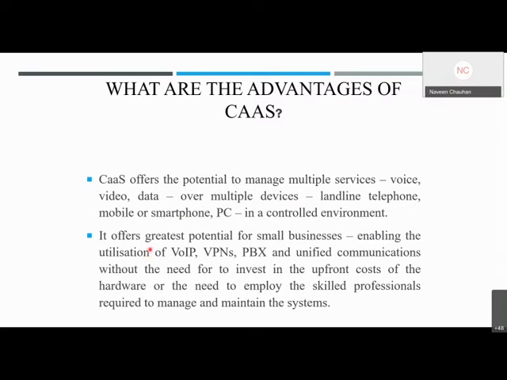It also offers the greatest potential for small businesses, enabling the utilization of VoIP, VPN, virtual private networks, PBX, and unified communication without the need to invest in upfront cost or hardware, or to employ skilled professionals required to manage a mainstream system. So ultimately, this is all advantage.